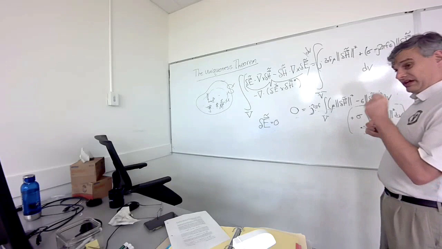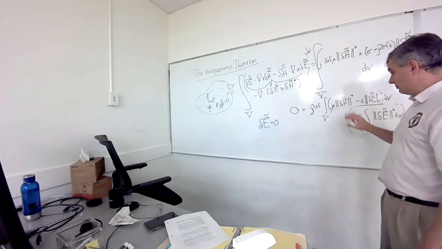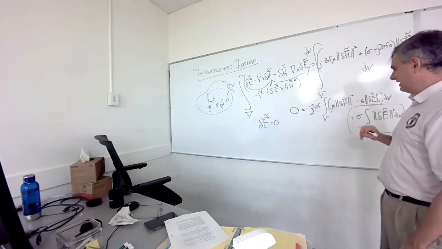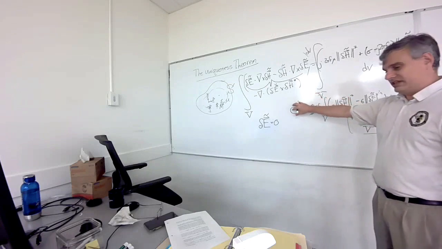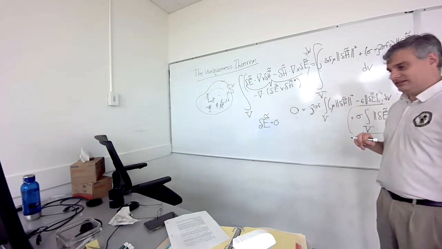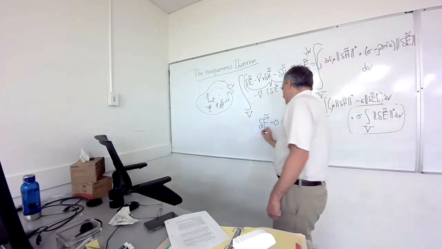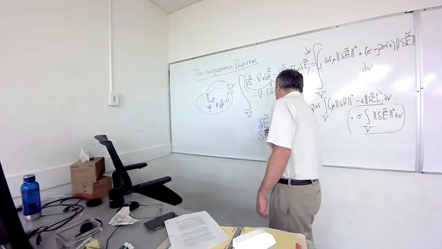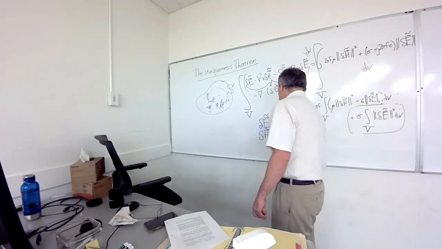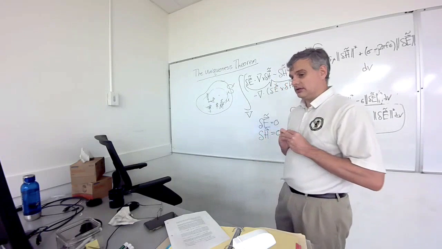And if you pick up even a smidgen of positive contribution with the delta H field within that volume, you'll violate the equation. So that proves that delta H must be equal to zero as well.